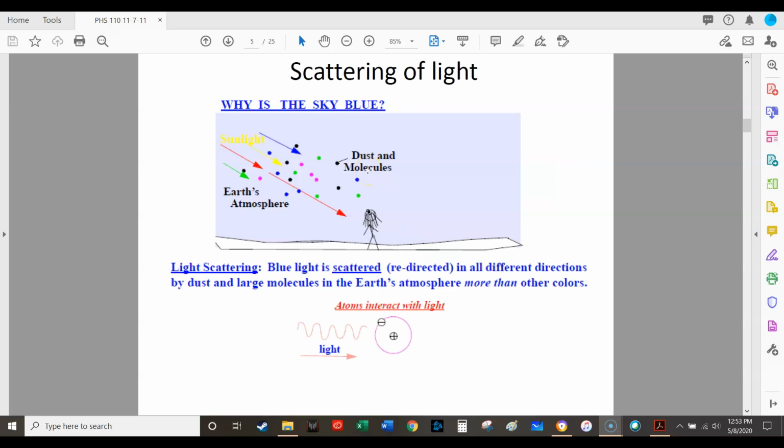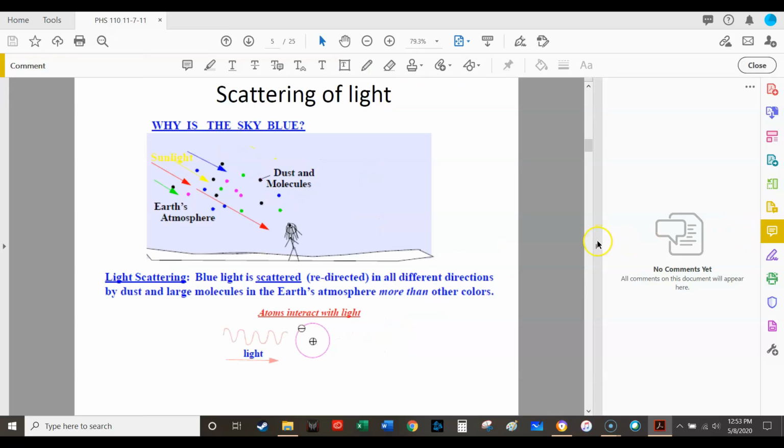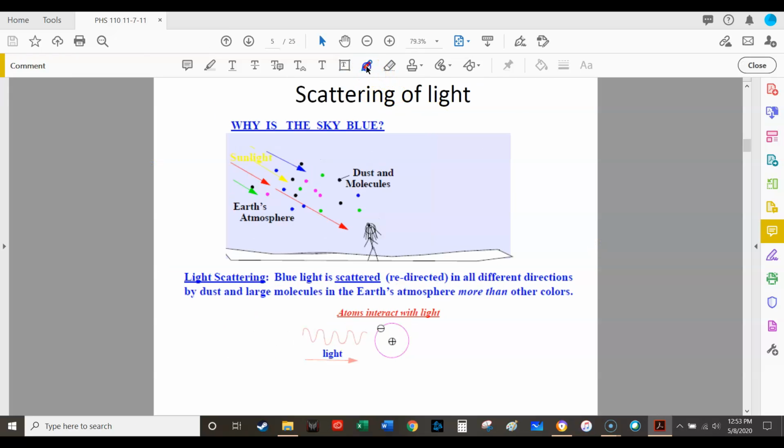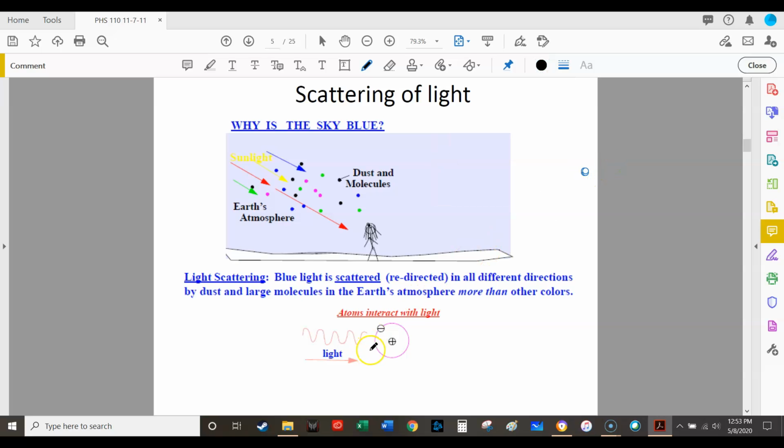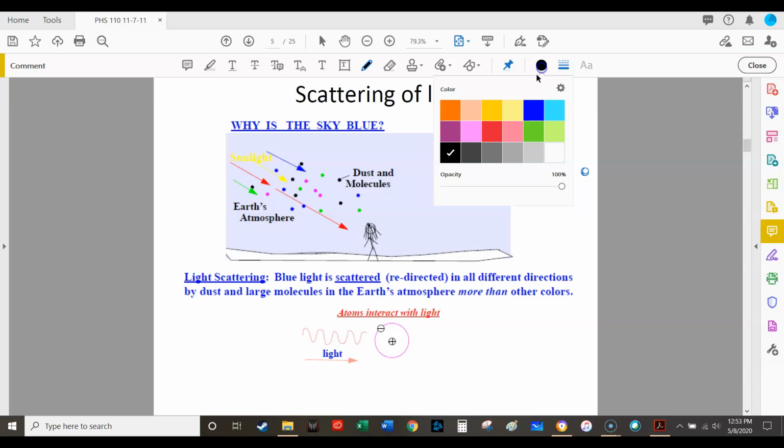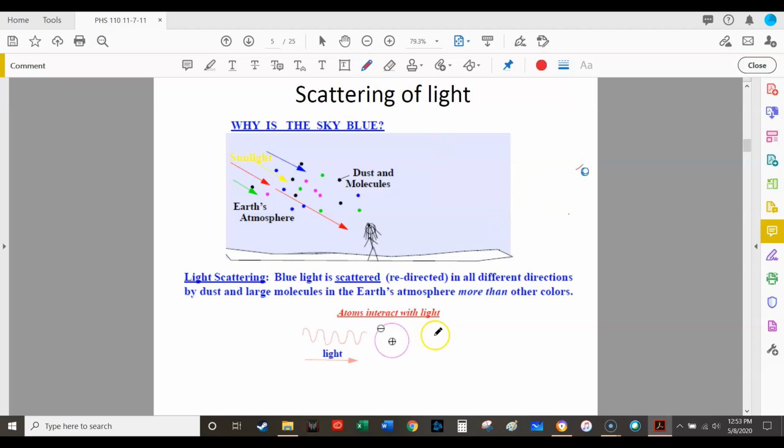So what is scattering, and how does light, which is a massless, chargeless particle, which is the kinetic energy of all particles, actually get bounced out? You would think it would get absorbed or something like that. So what's happening is this, and I'm going to mark up this document so I can make some notes as I talk to you. I'm going to make notes in red.